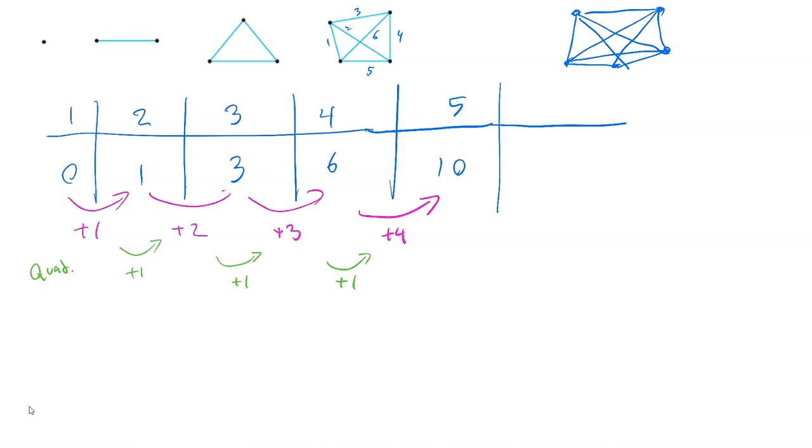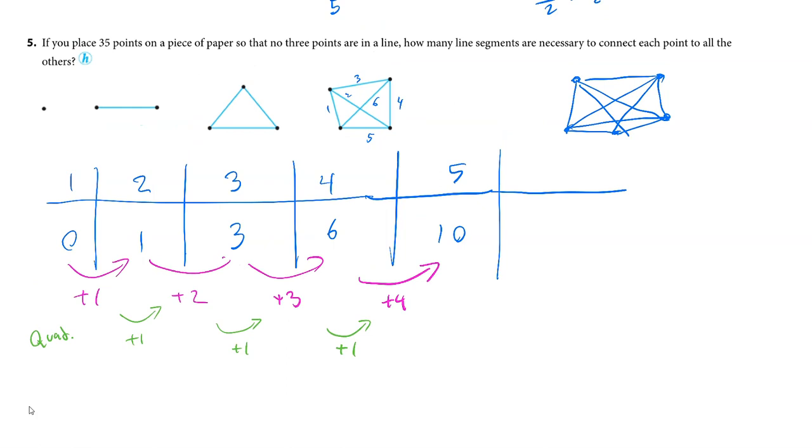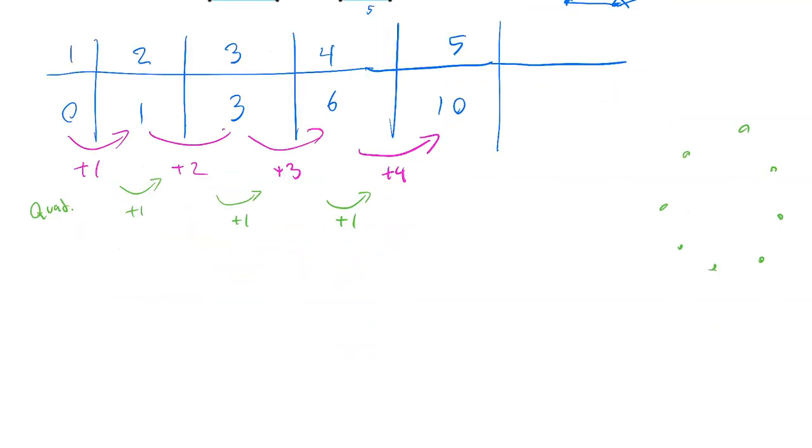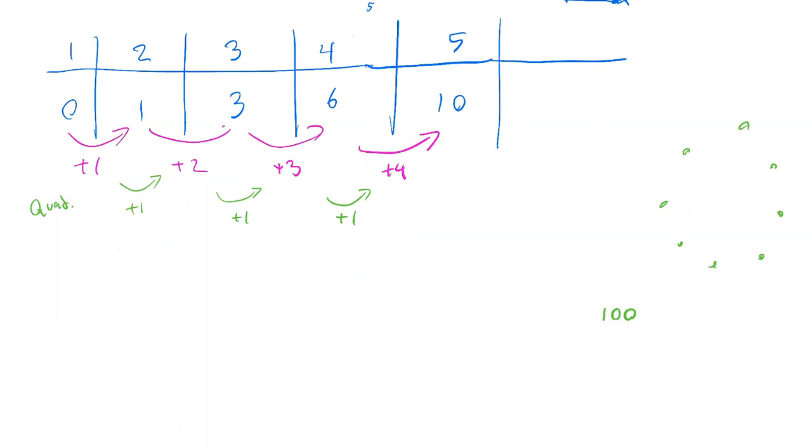However, in this scenario, what we can do instead is say, okay, let's say we have 100 points, right? Well, then the way we can connect them is from each of the 100 points, we can multiply by how many each point can connect to. So each of the 100 points could connect to every other point.